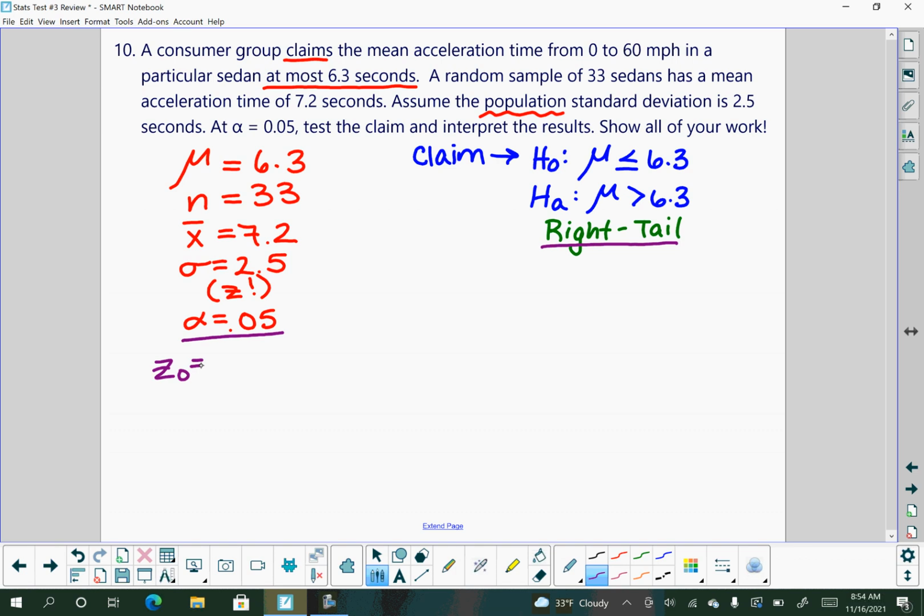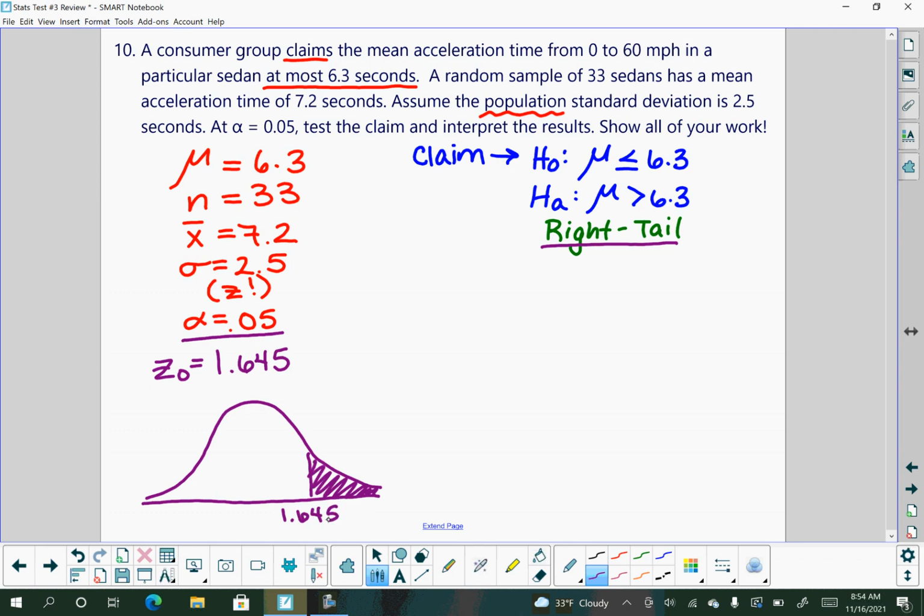So alpha 0.05, right tail test, you should be able to find on your chart. That is 1.645. So we can draw that, and that's going to create our rejection region. So 1.645 right tail is going to look something like that.